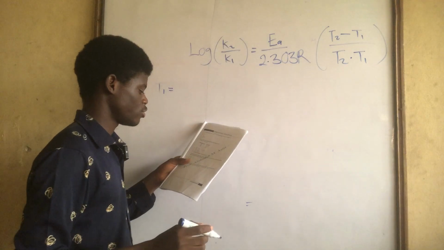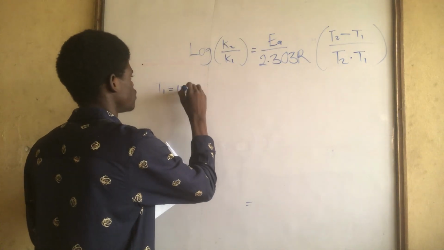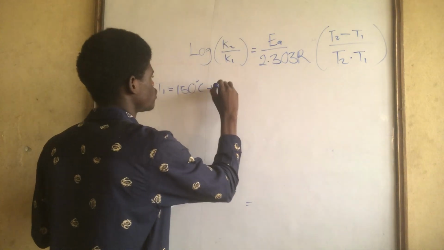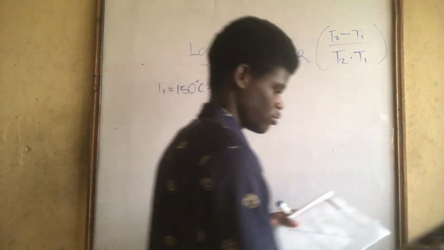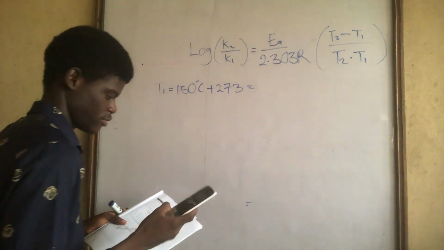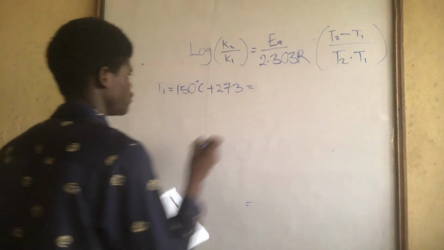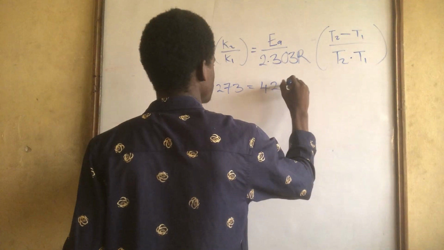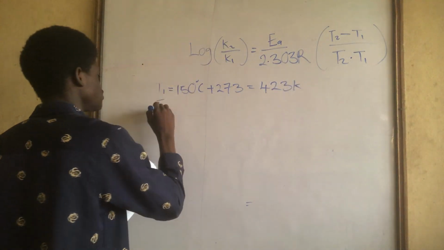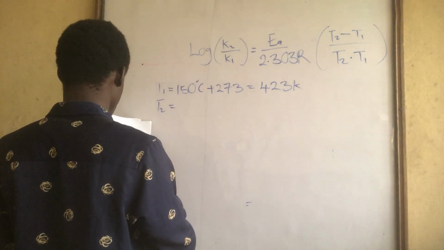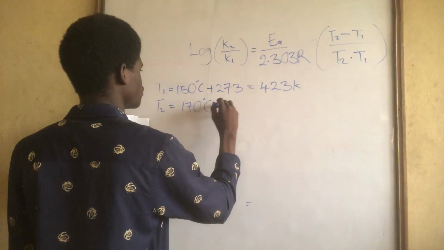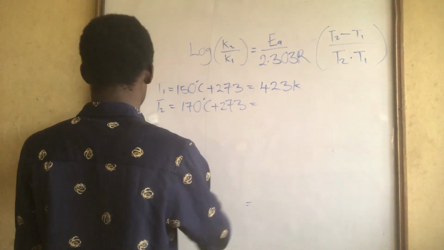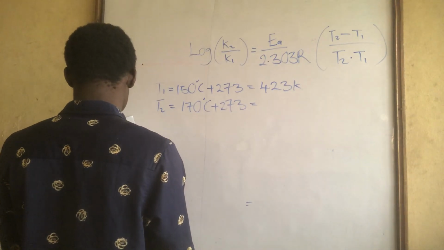Temperature one is 150 degrees Celsius plus 273. We have to get our answer in Kelvin. That's 150 plus 273, which is 423 Kelvin. The second temperature is 170 degrees Celsius plus 273.